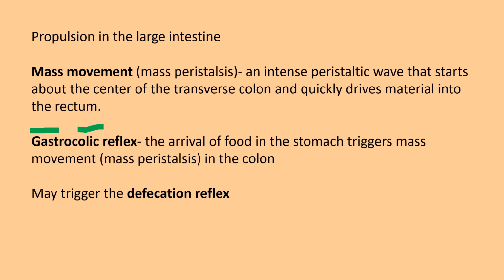The pH of the stomach rises and the wall of the stomach stretches, and that stretching of the wall and the higher pH are the stimuli that trigger an enteric nervous system reflex called the gastrocolic reflex, and the motor response is mass peristalsis in the large intestine. So this is another way for the GI tract to say, make more room, she's eating again, everybody move downstream. Only this one happens in the large intestine.